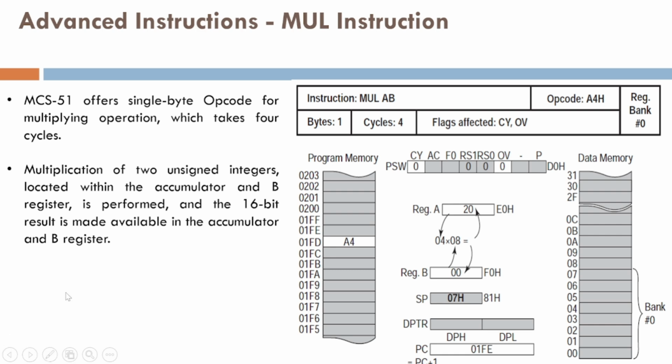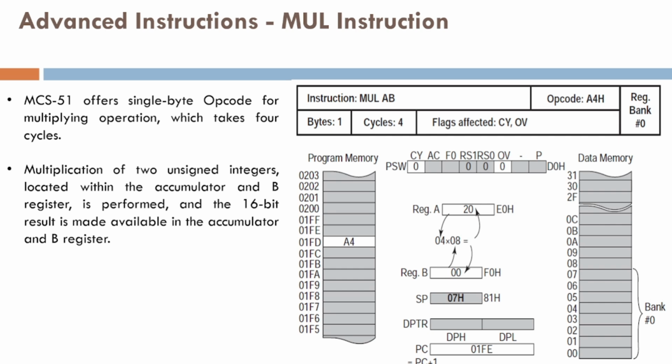So multiplication of two unsigned integers located in the accumulator and B register is performed, and the 16-bit result is available in the accumulator and the B register. You all know when an 8-bit number gets multiplied with another 8-bit number, the maximum result that can be expanded is still 16-bit. So we will have to have two registers to hold the data.